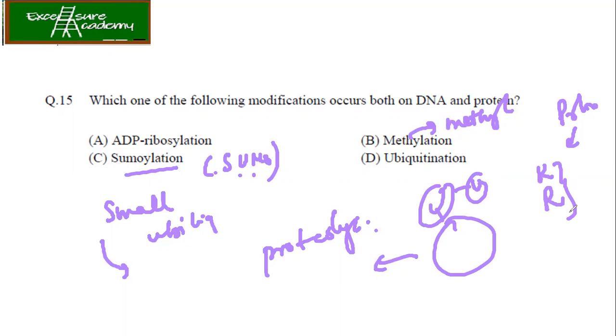Now, the OriC contains the GATC sequences. It contains 11 GATC sequences, which is the site I was talking about. That gets methylated on the adenine on both strands.